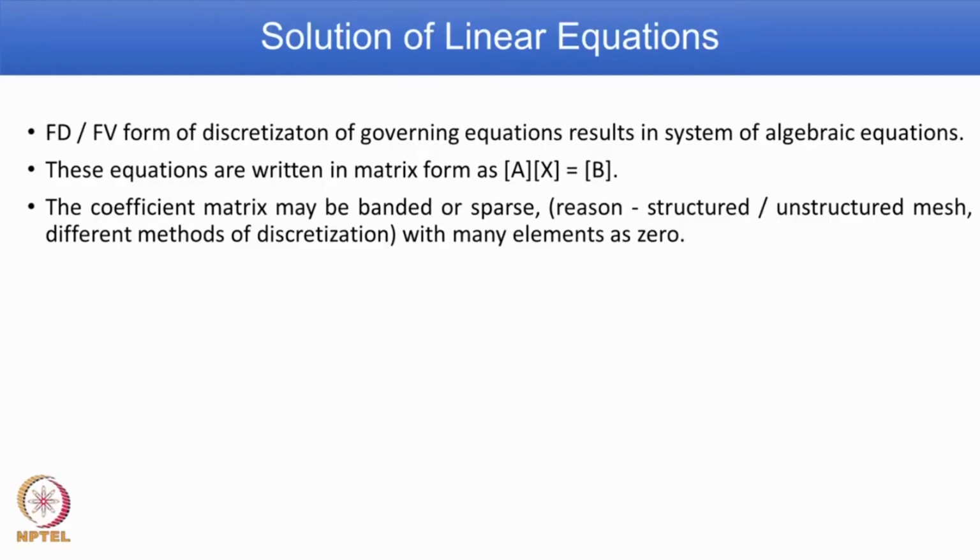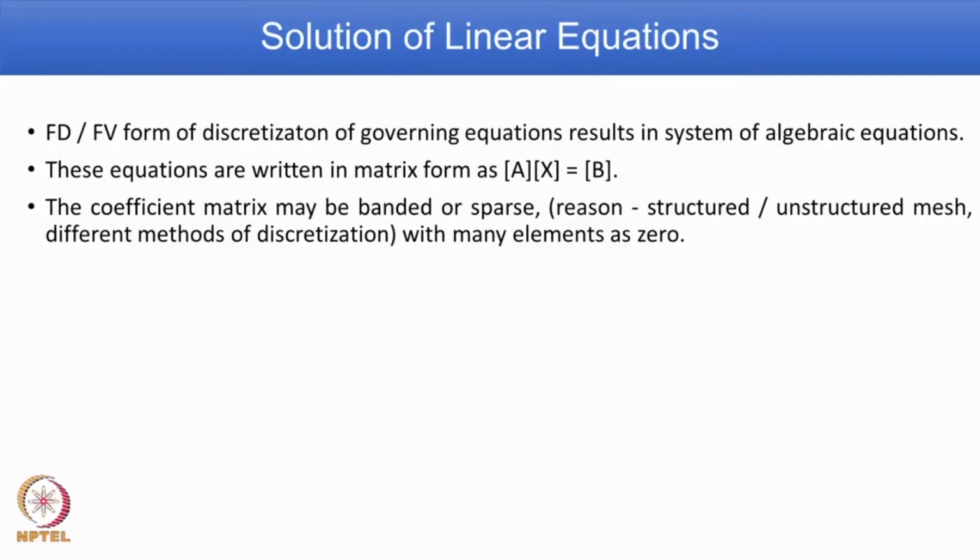It is sparse because we use different structured grid or unstructured grid. We follow different discretization procedures. For example, when we talked about the finite volume procedure for convection, we have different procedures: pure upwinding, QUICK scheme or central type linear approximation, and we have a different procedure for the diffusion term.